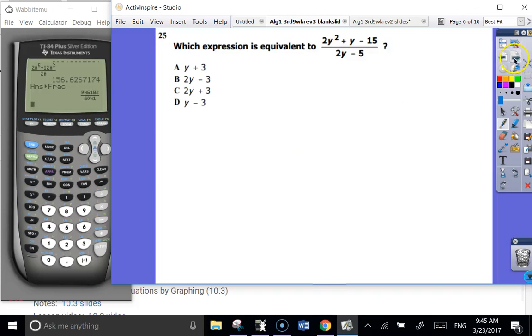Okay, try to do the same thing on this one. Another operations with polynomials. Store a value for y. What value are you going to store? Pi. Right?